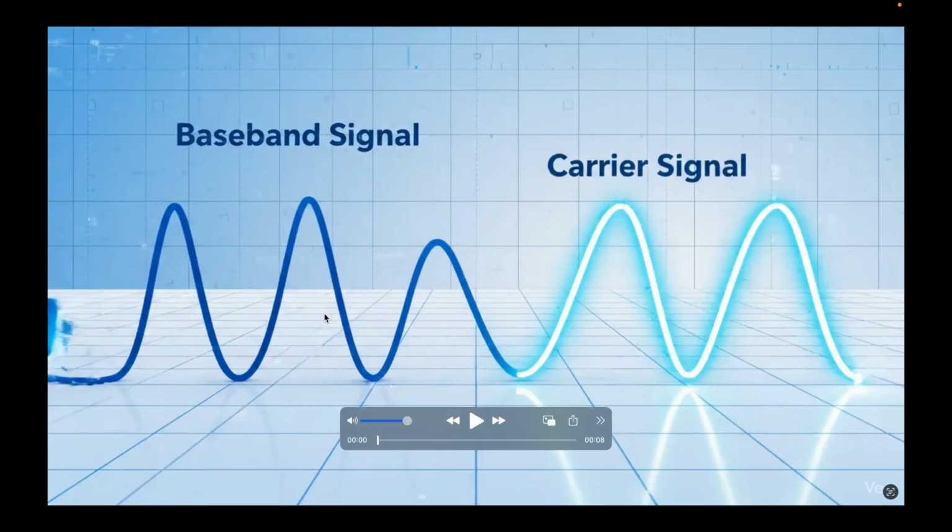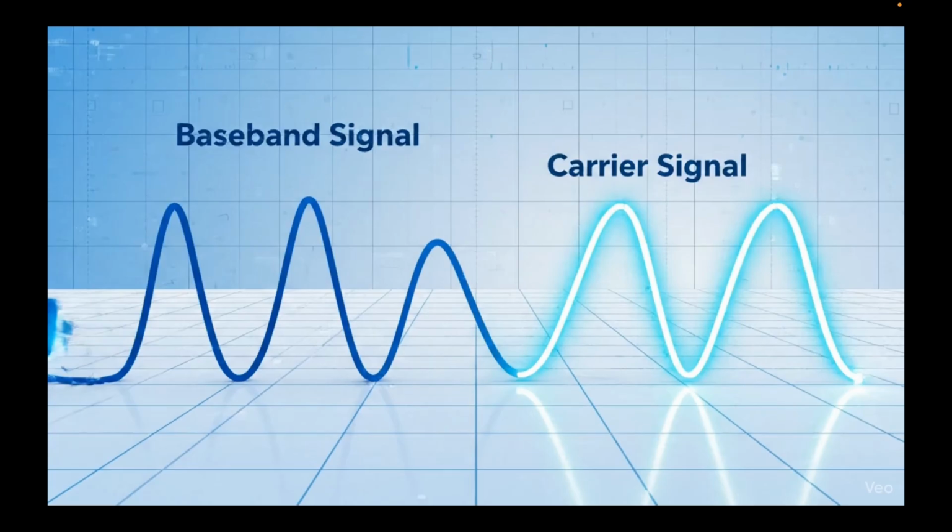Now in modulation we need to understand two terms: baseband signal and carrier signal. The baseband signal is a low frequency information signal which we want to transmit, and the carrier signal is a high frequency wave that carries the baseband information over far distances.